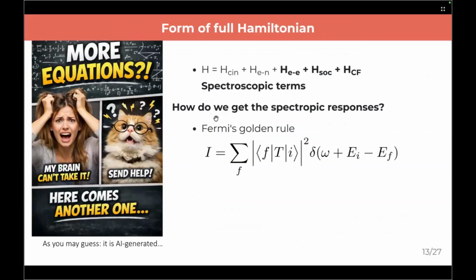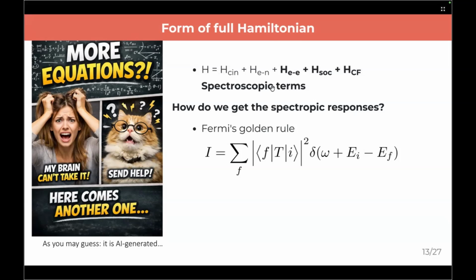Okay, I just described what this Hamiltonian part is, but I will not run through all the details in the equation. Just to mention that basically we need to write the full Hamiltonian, which also includes the electronic interaction part, basically described by the Coulomb interaction term, and of course the spin coupling term.